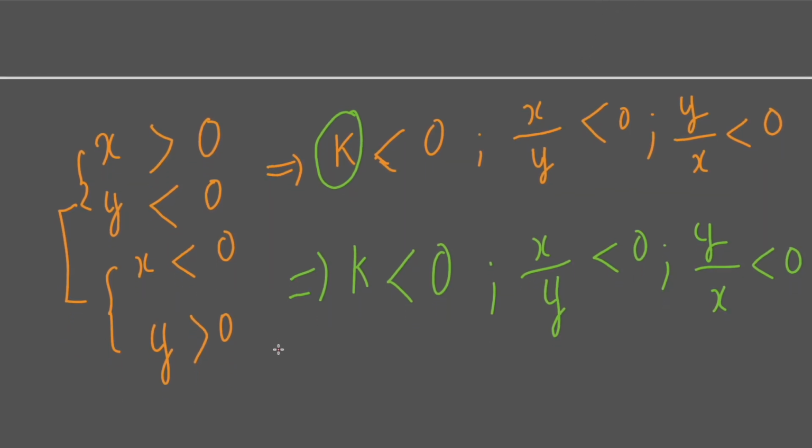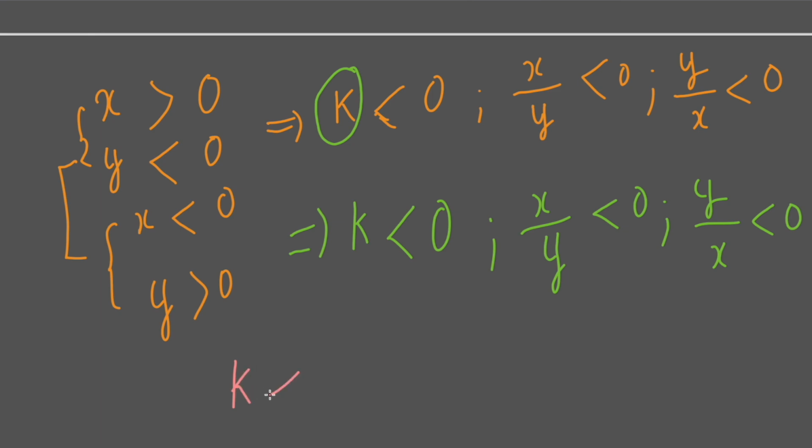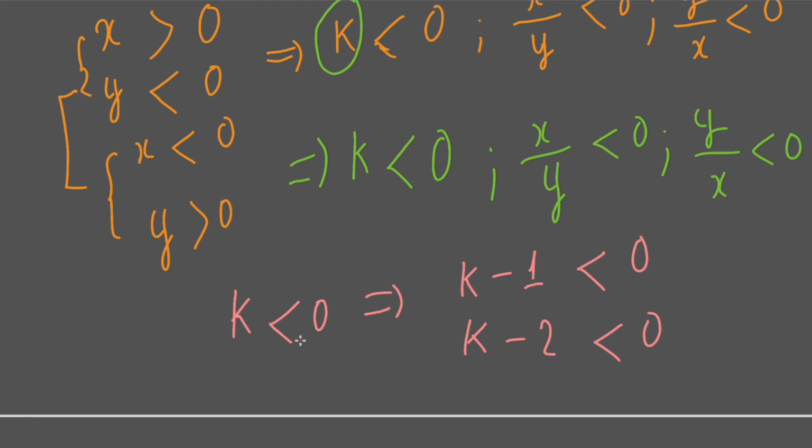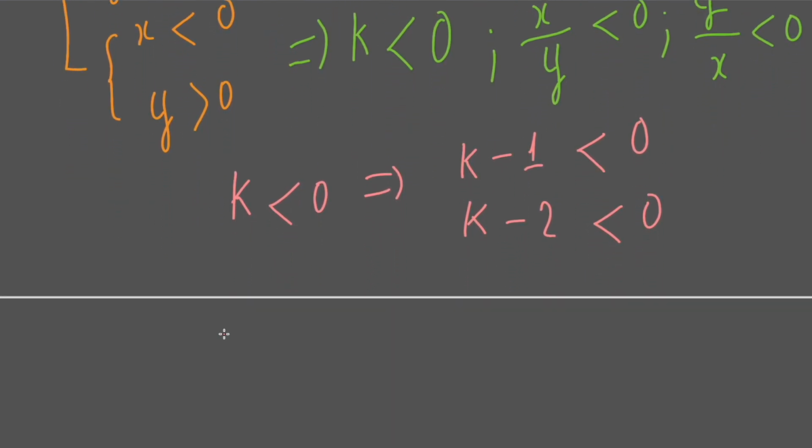This means when k is smaller than 0, we have k minus 1 smaller than 0 and k minus 2 smaller than 0. With any k values, when x and y have different signs, the product of two negative numbers is always greater than 0.